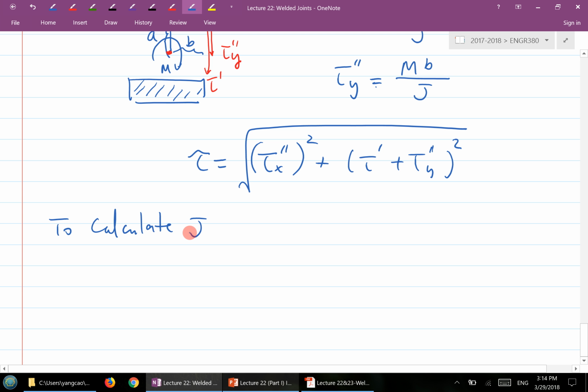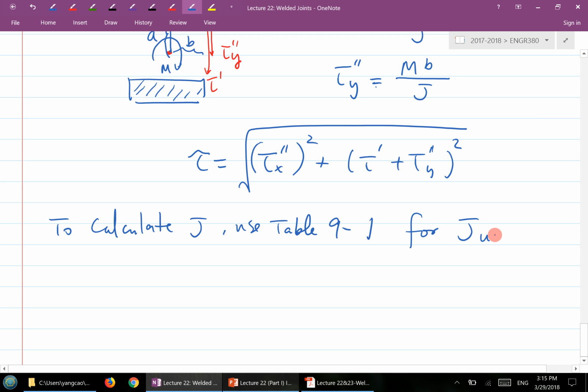So we're going to use a table, table 9-1, for J. Technically speaking, table 9-1 doesn't give you the J directly. It gives you a so-called JU first.